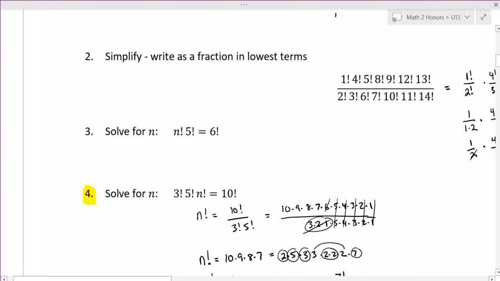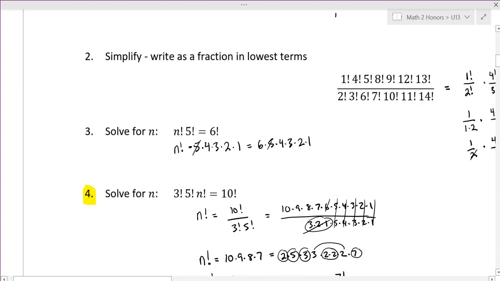Number 3, we have n factorial times 5 factorial equals 6 factorial. So n factorial times 5 times 4 times 3 times 2 times 1 is equal to 6 times 5 times 4 times 3 times 2 times 1.